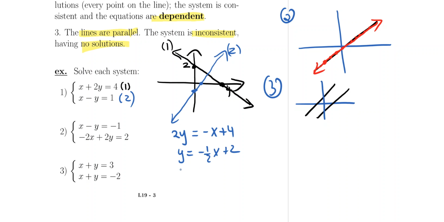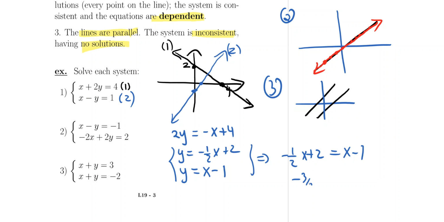And if I solve for y in the second one, I'll get that y = x - 1. So I set them equal to each other. -1/2 x + 2 = x - 1. I subtract 1x, so -3/2 x = -3. Multiply by 2, I'll get -3x = -6, so x = 2.